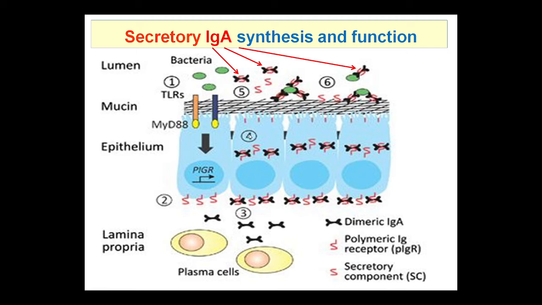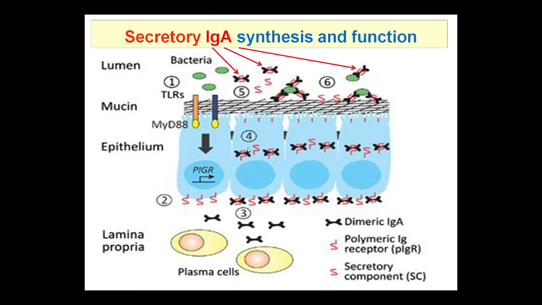This is a part of the scheme number 4. And after that, these complexes are secreted from the cells to the lumen of the intestine. During this secretion, part of the polymeric Ig receptor is removed, and this polymeric receptor is transformed to the secretory component.